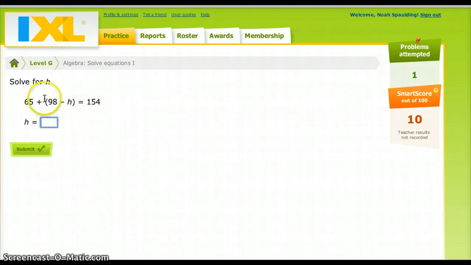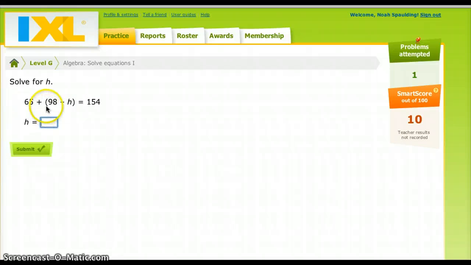Okay, here we have 65 plus 98 minus h is equal to 154. To solve this, of course, we can subtract 65 from both sides. 154 minus 65 would be, let's see, 154 minus 54 would be 100, but then 11, so that's 89.